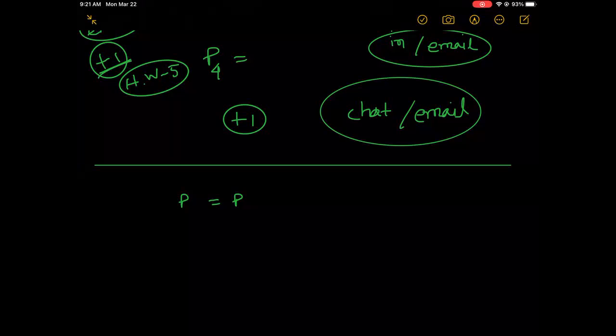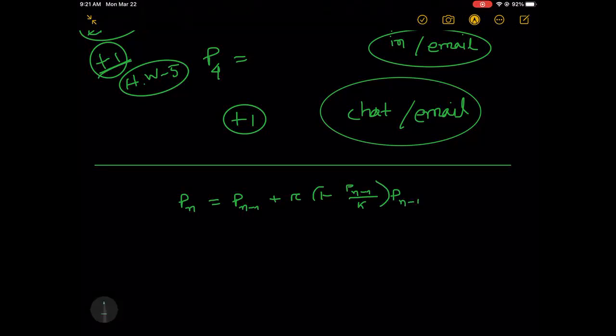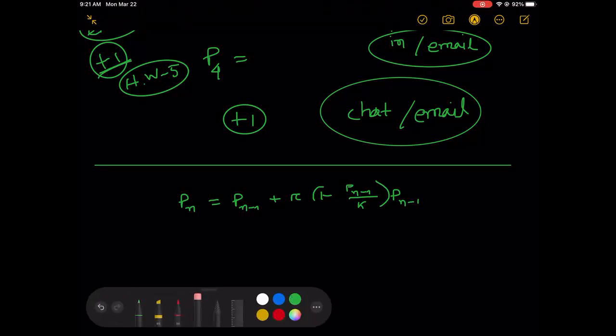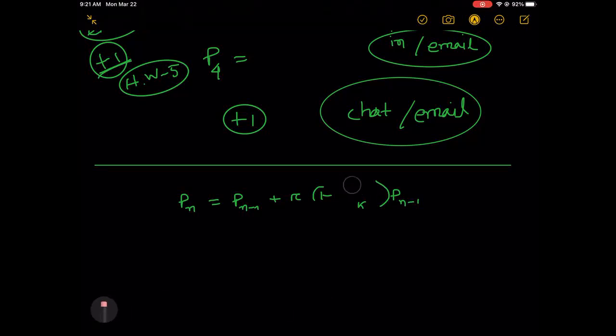So Pn is Pn minus 1 plus R times 1 minus Pn minus 1 over K times Pn minus 1, right? This is the formula we're going to use.